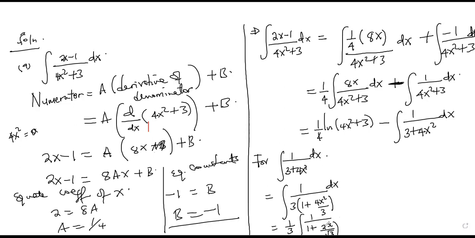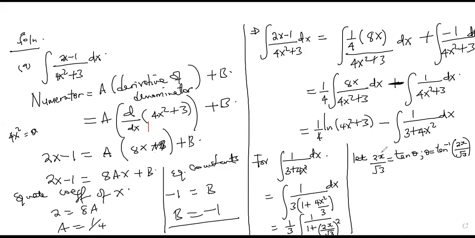Out of root 3, then squared. Then for this case, we shall let 2x over root 3 equal tan theta, so that our theta becomes the tan inverse of 2x over root 3.